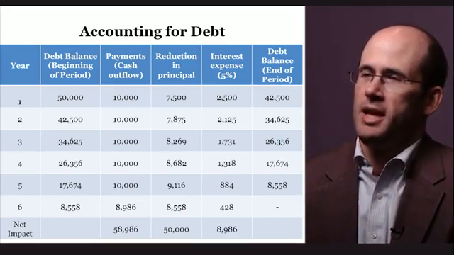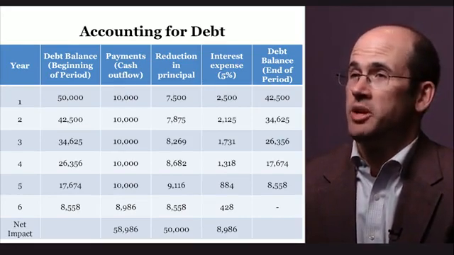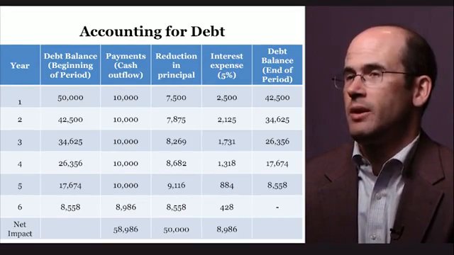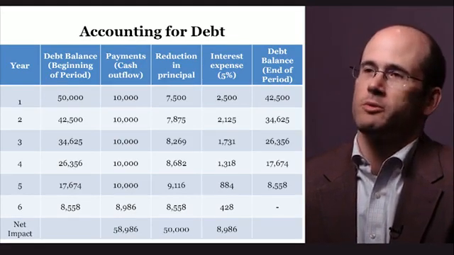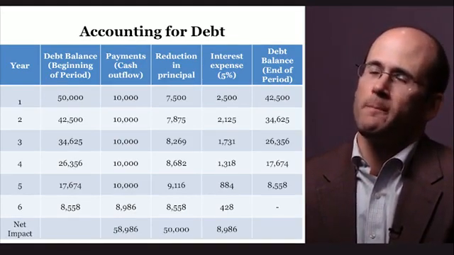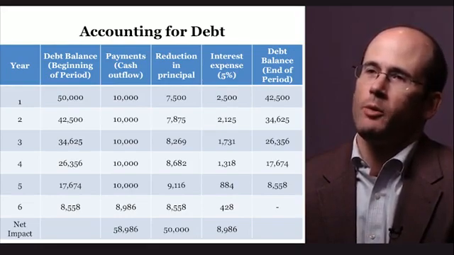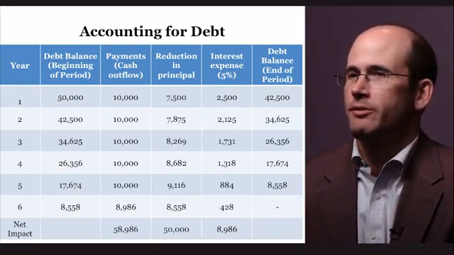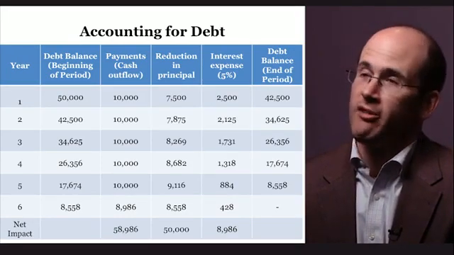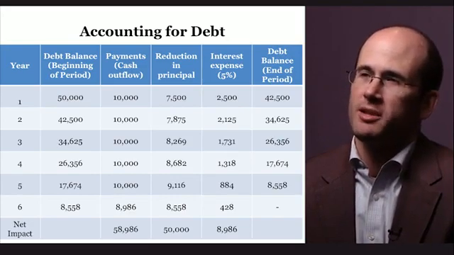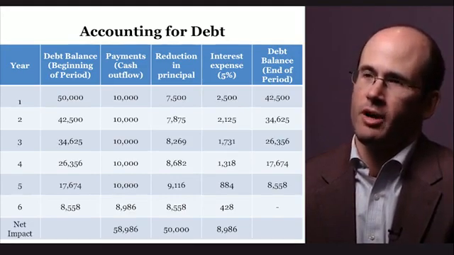Now let's look and see how that payment is allocated between principal and expense. In this case, the interest rate on my loan is 5%. So in the first year, when I have an outstanding debt balance of $50,000 times 5%, my interest expense in that first year is $2,500.